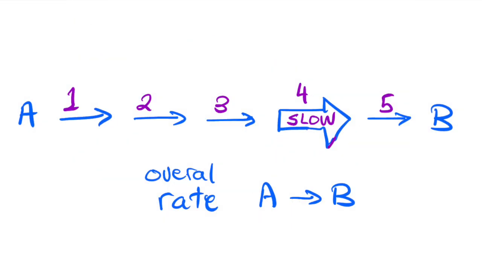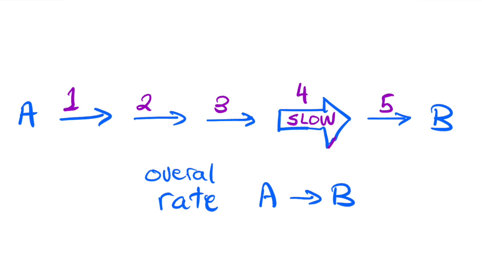Okay? Let's imagine a really complex multi-step mechanism. Let's imagine we have step 1, step 2, step 3, going from A to B. And let's say step 4 is really, really slow. And then we have step 5, and then we finally make B. It's a 5-step process.